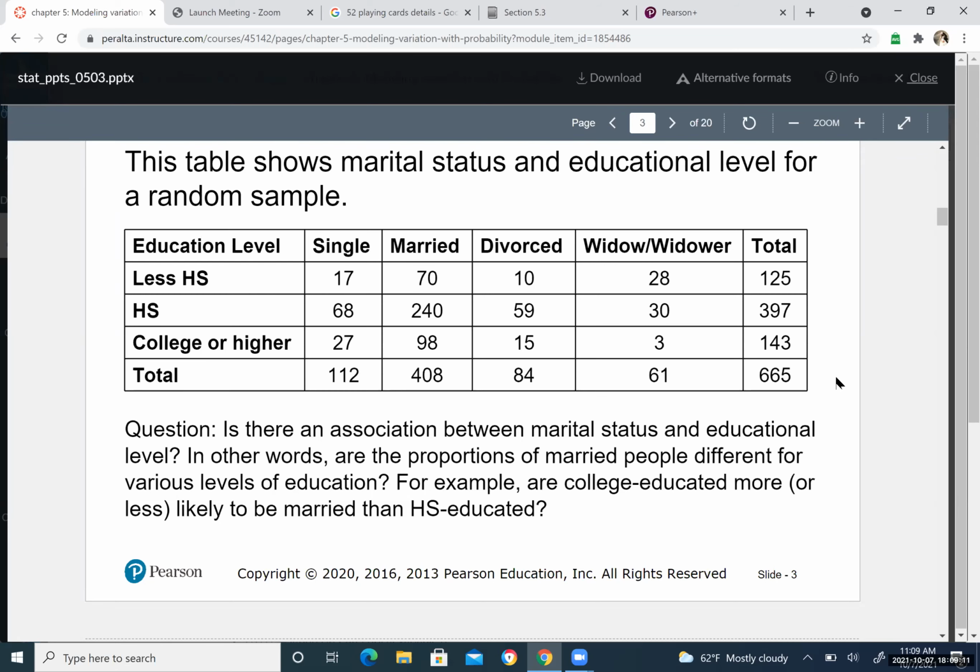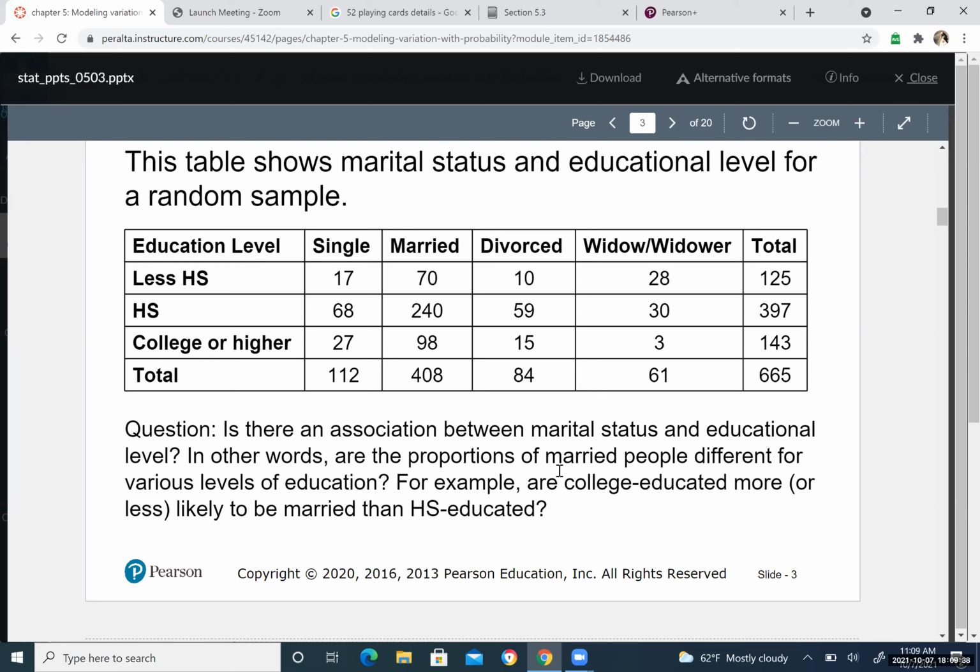The word proportions that you notice here means probability. You find probability anyway. For example, are college educated people more or less likely? To answer this, we have to compute the probability of each situation.